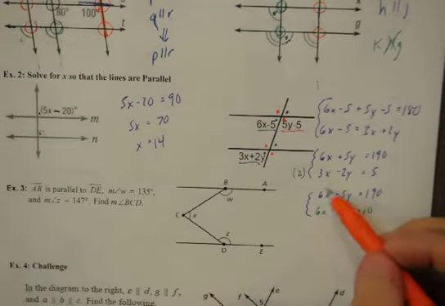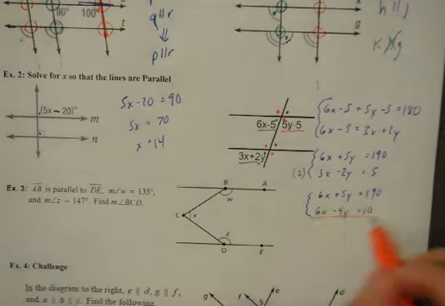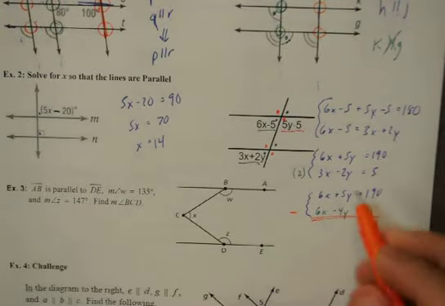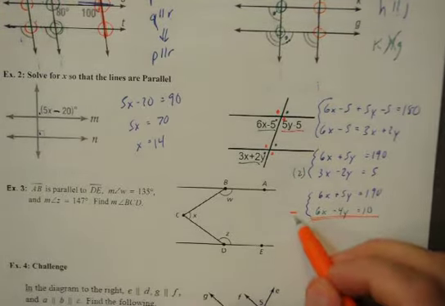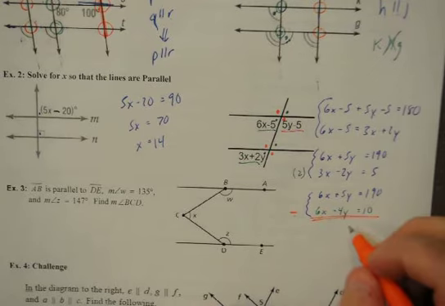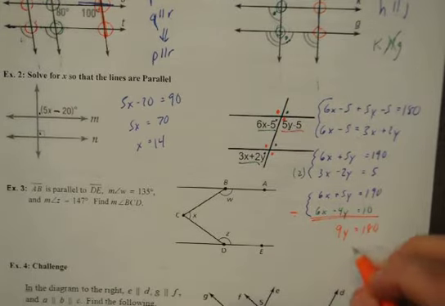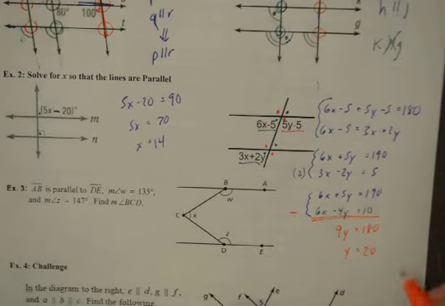Now that these are lined up and they're the same, I can eliminate using subtraction. 6 minus 6 is nothing. 5 minus negative 4 is 9. And 190 minus 10 is 180. Now if I divide by 9, I get 20. So I've solved for y.